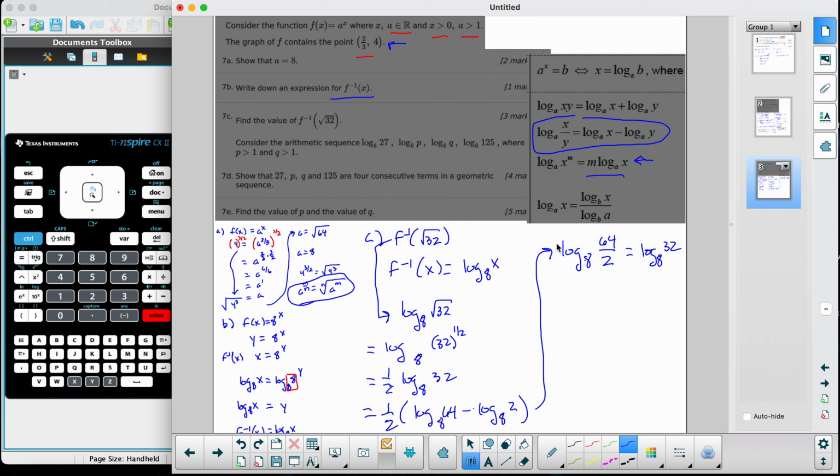I'm just showing how I can write log 64 minus log 2 as log of 64 over 2, because it's equal to log base 8 of 32. And this is if it's by hand, which I think it could be. You could do it on your calculator, but you're going to get a messy decimal, and then you could change it to a fraction. But just in case, I'm showing you how to do it by hand.